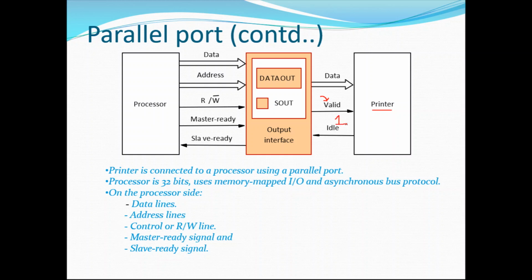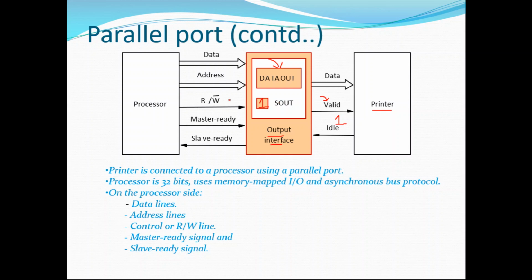If the idle bit is 1, it means the printer is ready to receive data. Let us assume currently there is nothing in the data out register. If nothing is in the data out register and idle is 1, then the output interface will set S out to 1. If S out is 1, it means the processor can write, can print something. The processor can send something to the printer and the printer is ready to print.